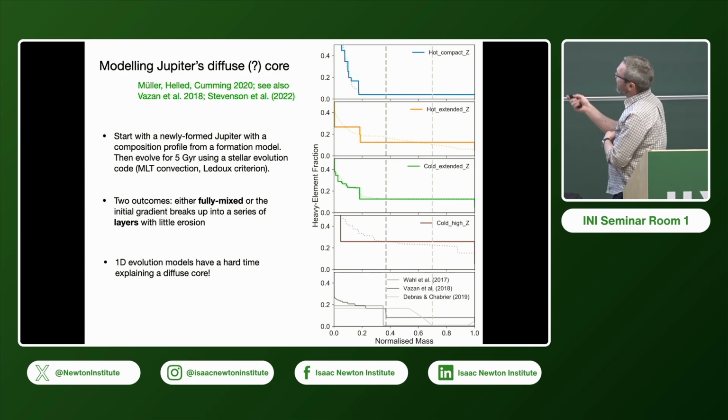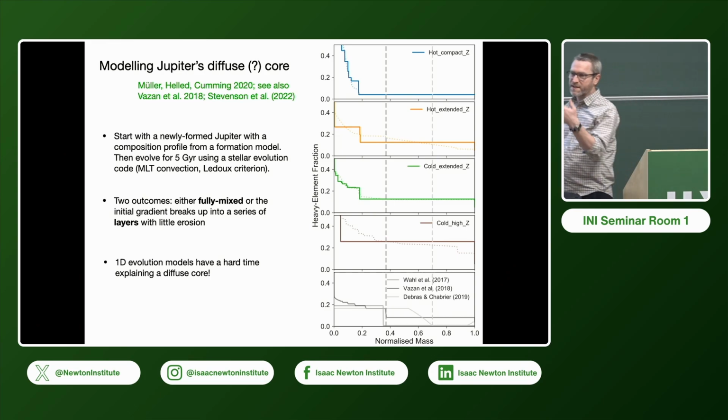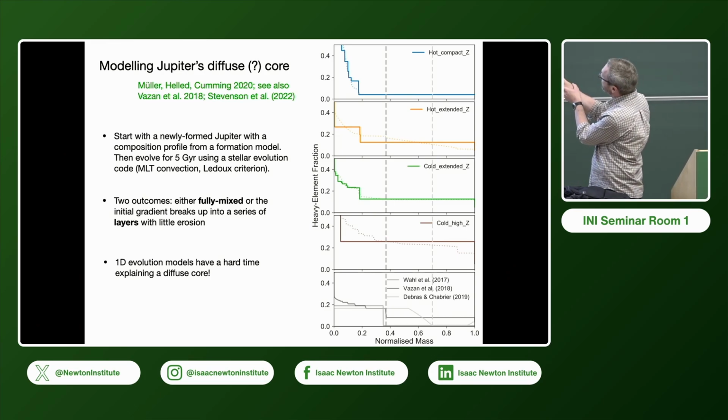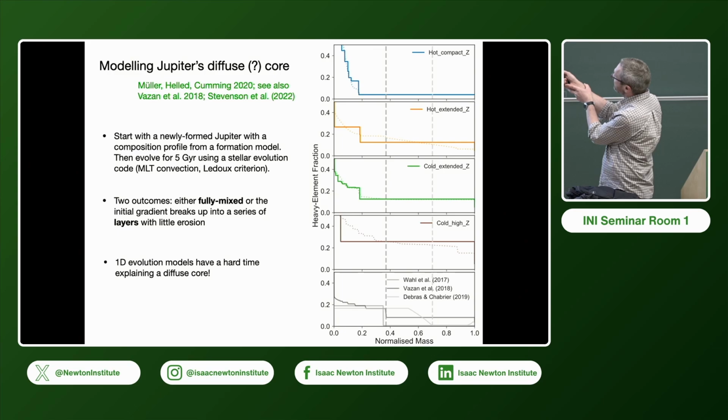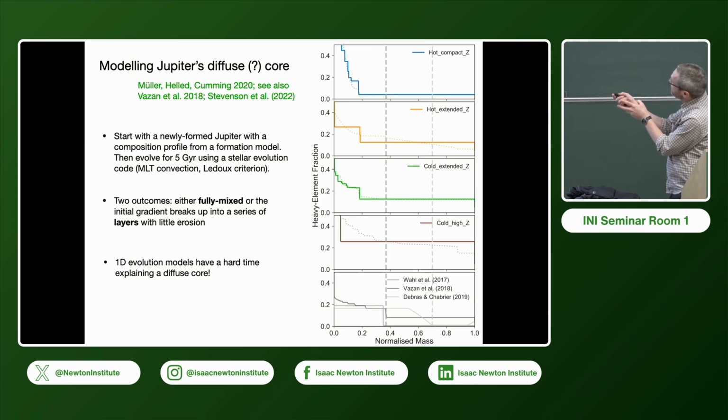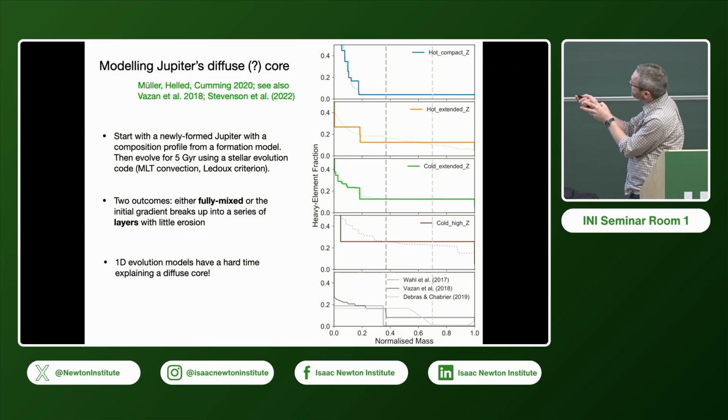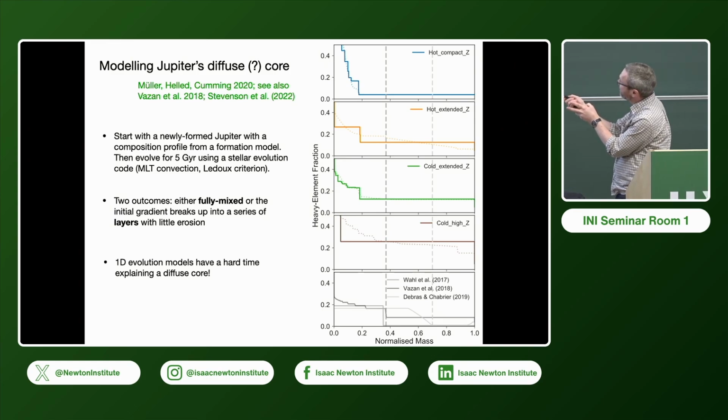What we find is that if you put in a very centrally concentrated heavy element distribution, it survives, right? The dotted line and the solid line are basically the same, but it just breaks into a staircase and doesn't mix. Or if you put in something more shallow, it basically just mixes. So at least the outer part of the mass here is completely homogeneous at the end.